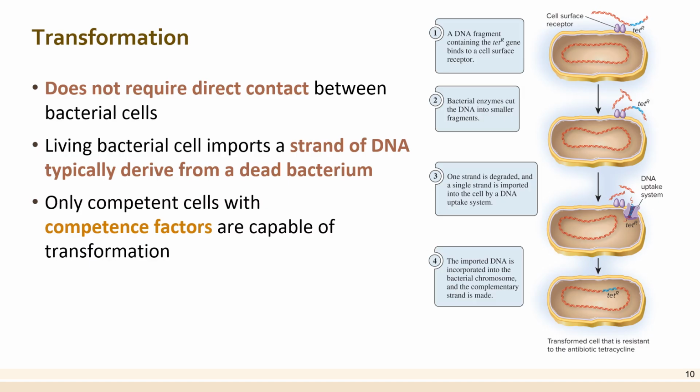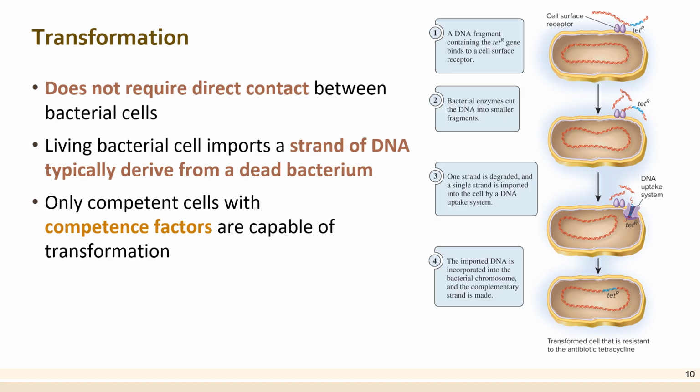Cells take up DNA by a special complex of enzymes that are on the cell surface, and that complex of enzymes has to be induced in order for the cell to take up DNA. So the cell's not just picking things up as it goes along. The conditions have to be correct in order for the cell to produce those surface receptors that are going to bring in that DNA.